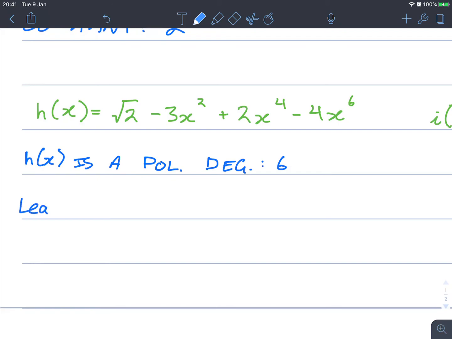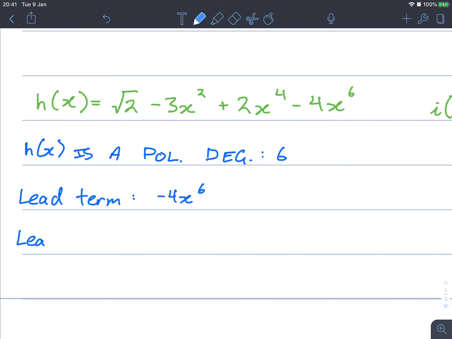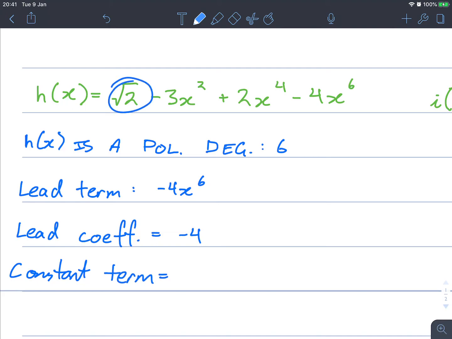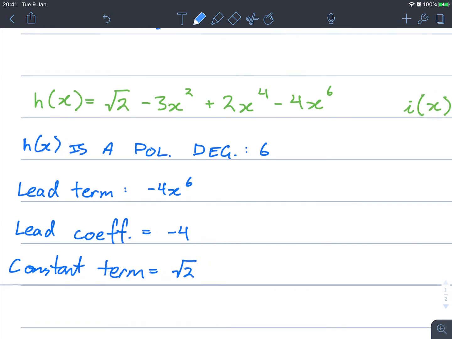The lead term has to be the highest power, so it is negative 4x to the power of 6. The lead coefficient is negative 4. The constant term, I've already circled it, has no x attached to it, so the constant term here is square root 2.